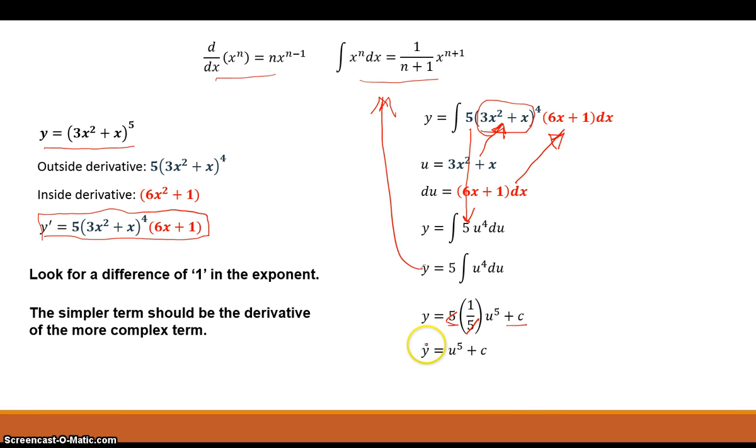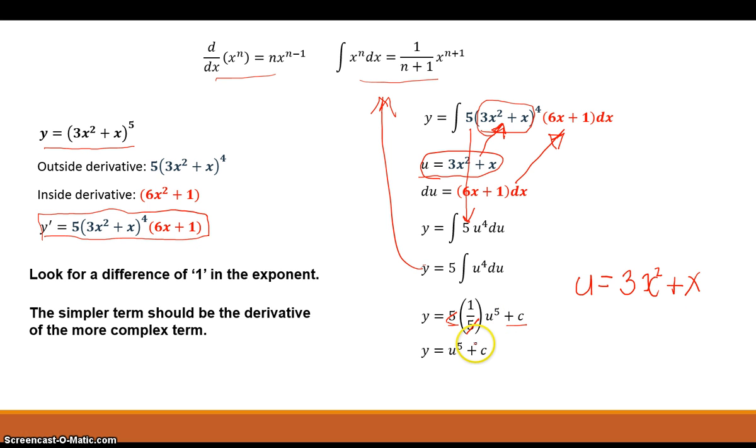So that is our initial answer. Now we do our back substitution. Remember, u is equal to 3x squared plus x. So that was one thing we established earlier. So substitute that back in for u.